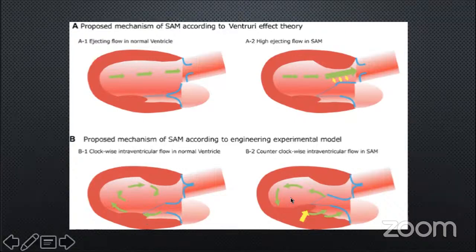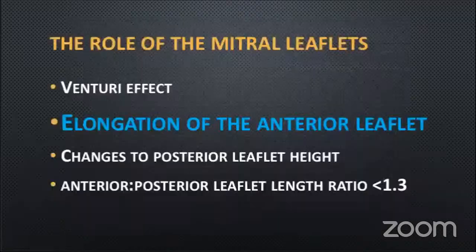In systolic anterior motion, we can appreciate that whenever there is sloping out towards the anterior surface of the mitral valve leaflet, and also the area of the posterior mitral valve wall gets bigger, the flow becomes anti-clockwise, and that will compromise the flow in the ventricle and the left ventricular outflow tract.